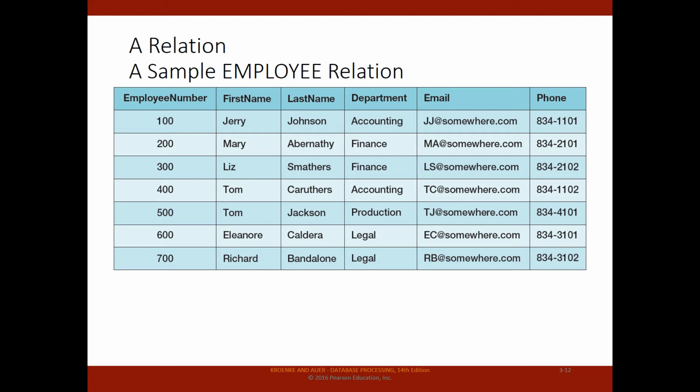So if you look at this table here, it meets all the criteria of the table. So every column has a unique name. So we can't have first name twice in the same table. And every single cell has a single value. And also we have entity integrity, meaning that every row is uniquely identified or uniquely different.